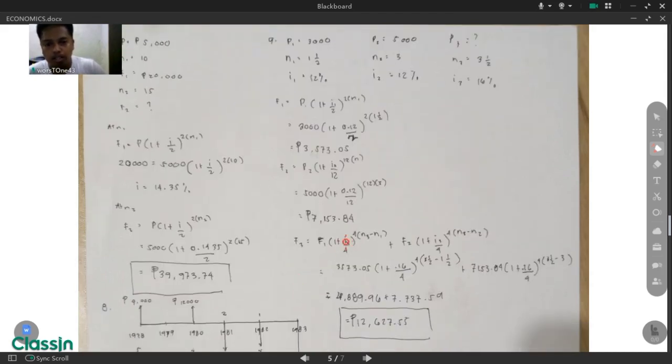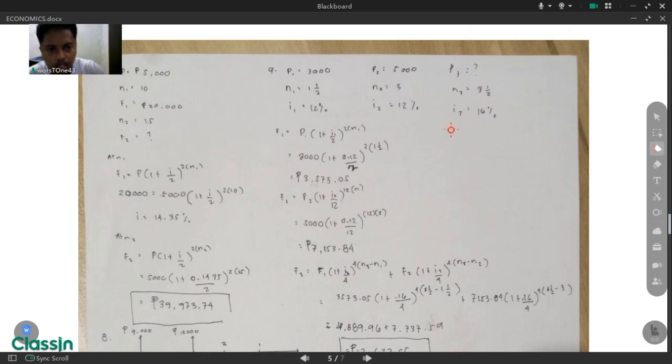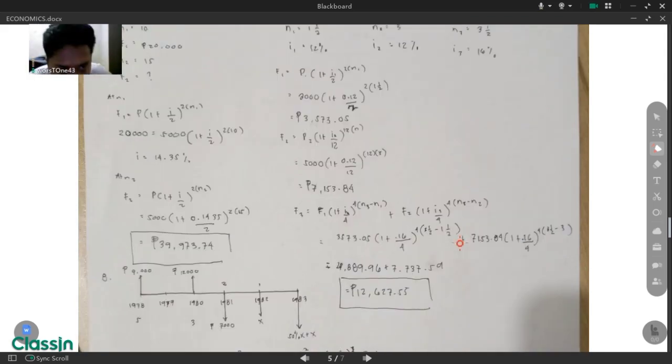As I said earlier, there will be the combination of the first two frames. What will you pay in order to satisfy these two frames? In order for the two frames to be covered, F3 is equal to F1 times the factor with N3 minus N1, since our reference is 3.5 years, and N3 minus N2.